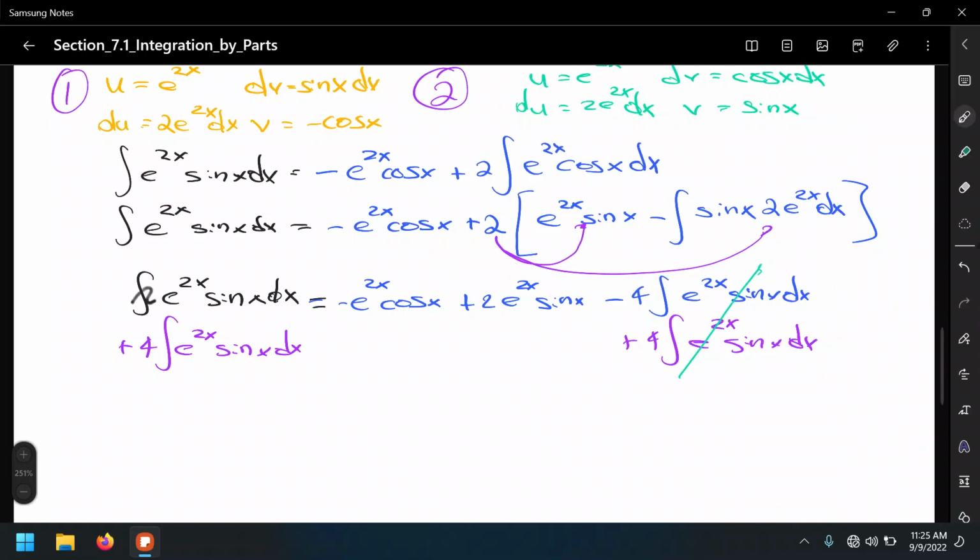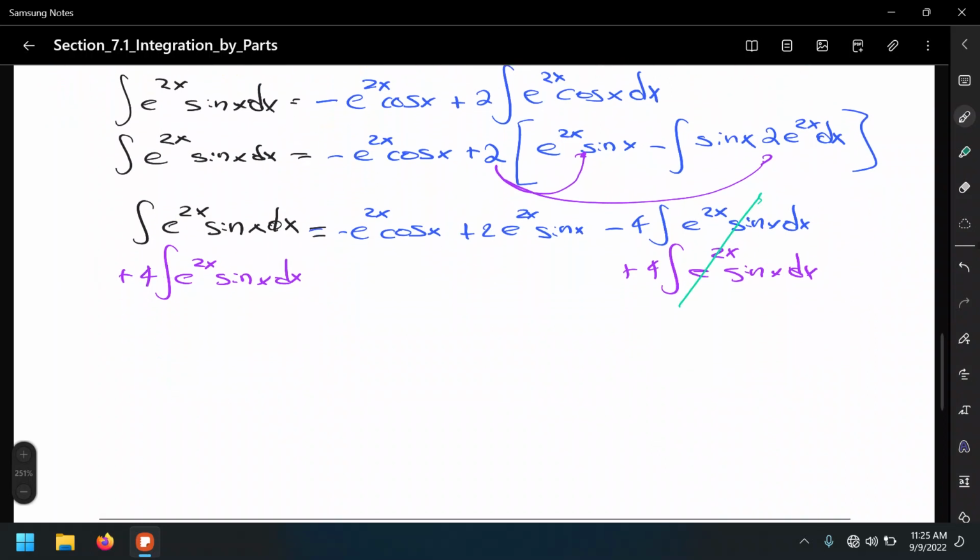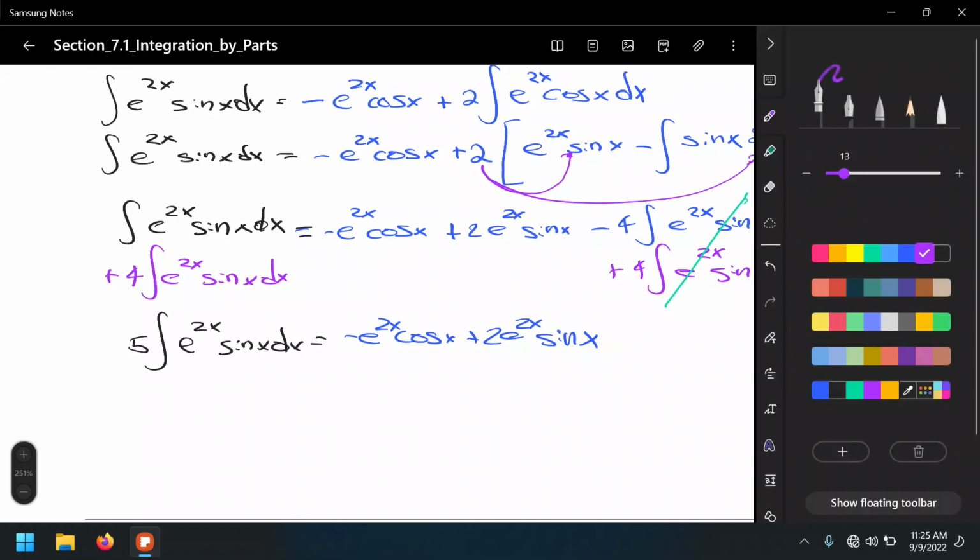And 1 integral plus 4 integrals, how many total integrals? 5, right? 5 integral e to the 2x sine x dx equals to negative e to the 2x cosine x plus 2 e to the 2x sine x. And well, we can just get rid of this 5 again because we're treating this like an equation. Just divide both sides by 5 or multiply by 1/5 rather.